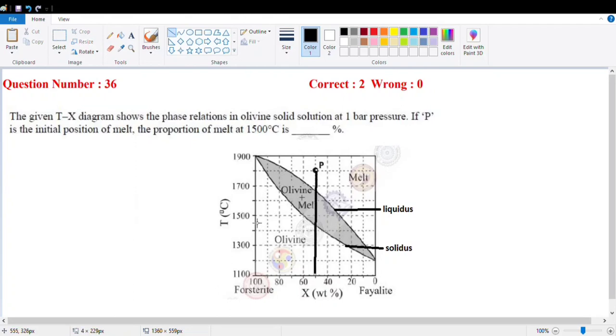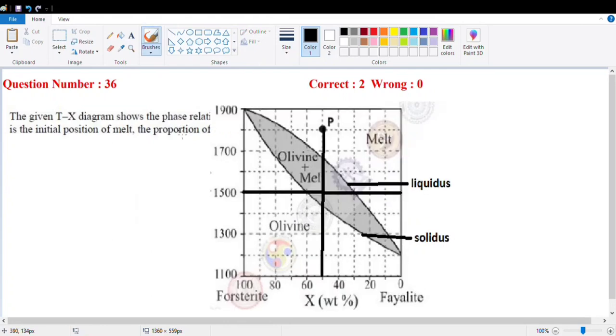Similarly, we want to find the proportion at 1500 degrees Celsius, so I have to draw another line through this. Here, the line drawn with respect to the temperature intercepts the liquidus curve and the solidus curve.